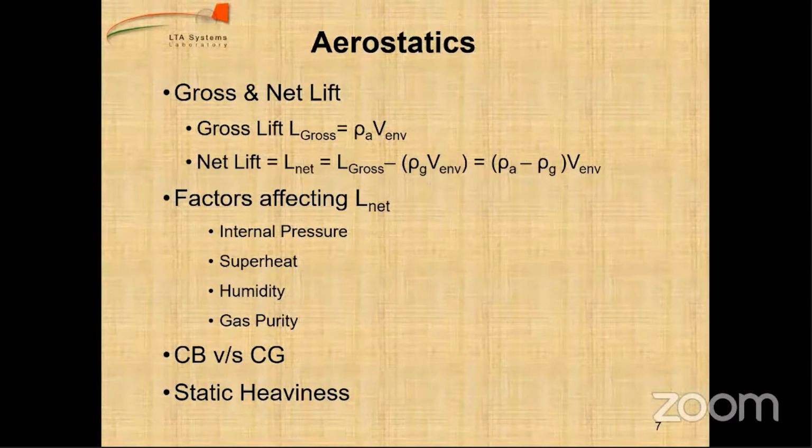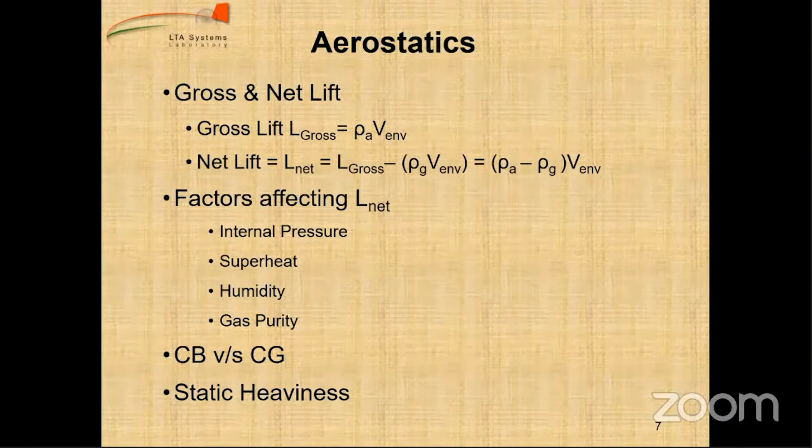Basically, when we have to lift the payload, or when we have to lift the weight, we have to generate an adequate amount of lift to carry that payload. So lift minus the system weight, like the self weight, should be equal to payload in an ideal case.